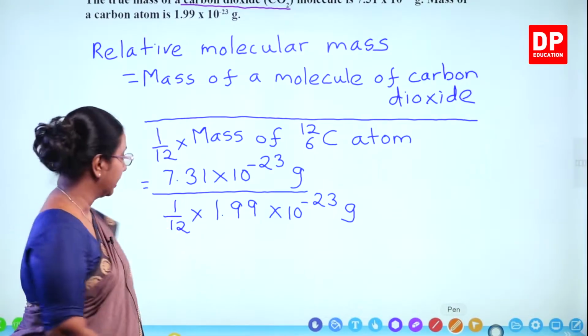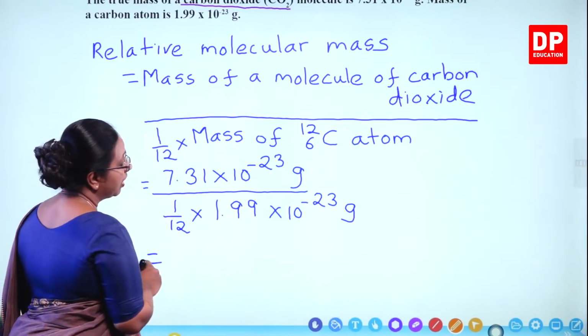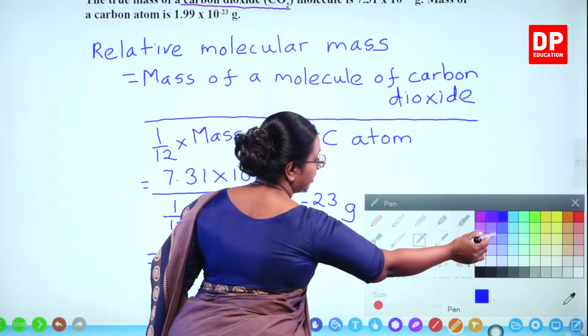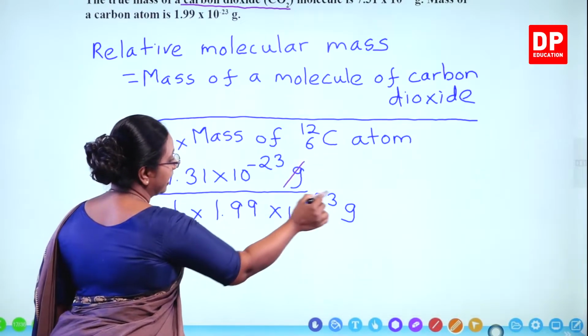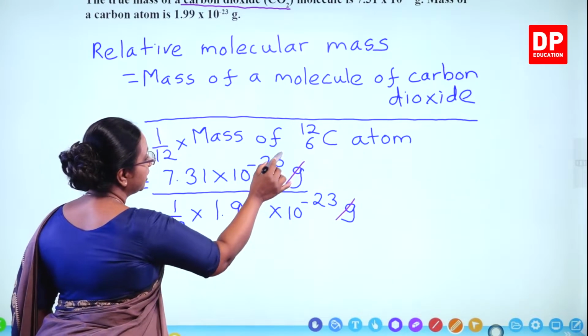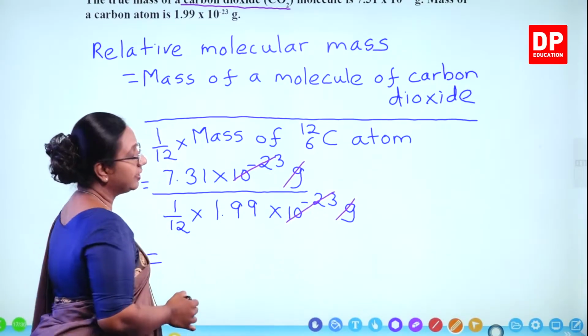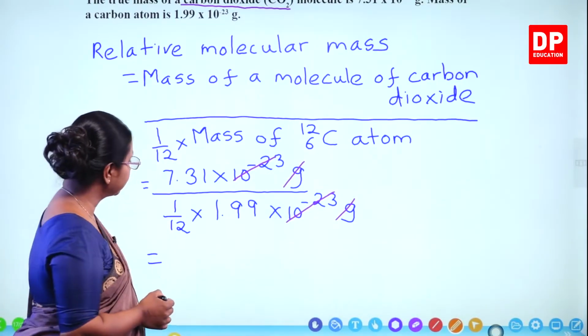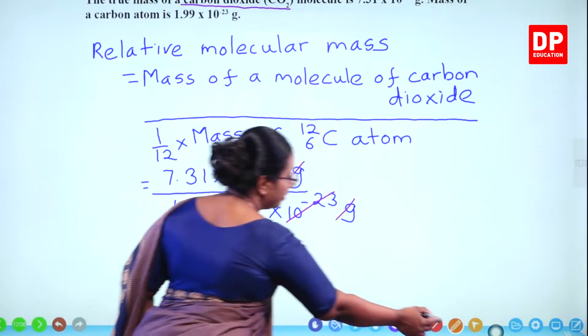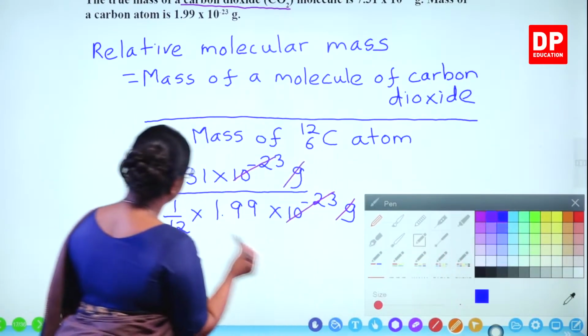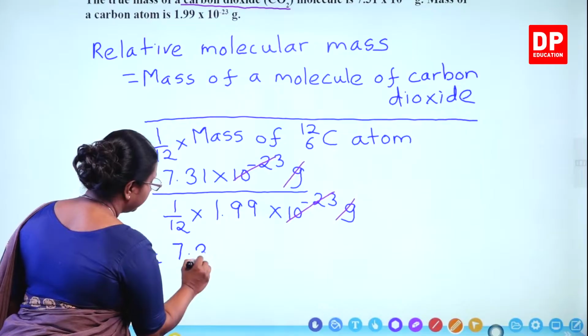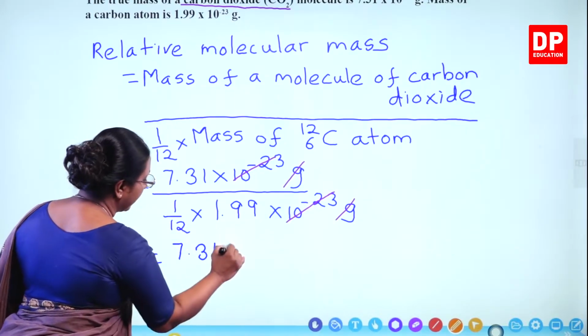When we do the calculation, how do we do it? You can remember the gram and gram gets cancelled off. 10 to the minus 23, 10 to the minus 23 gets cancelled off. So the remaining values are 7.31 and you rearrange.